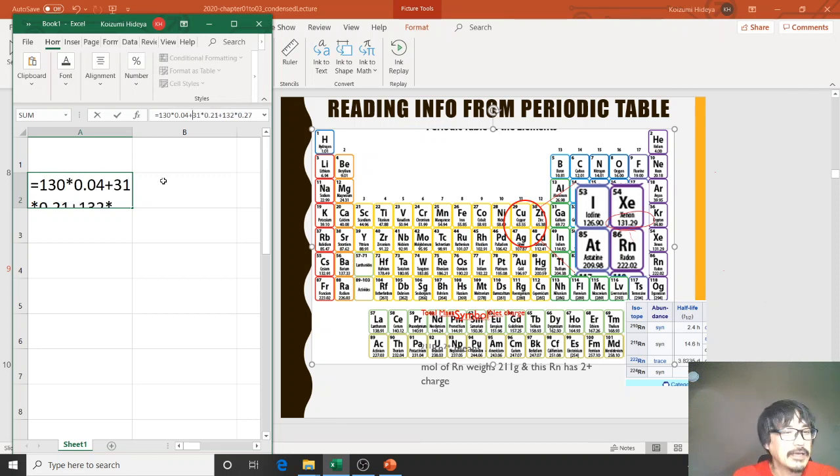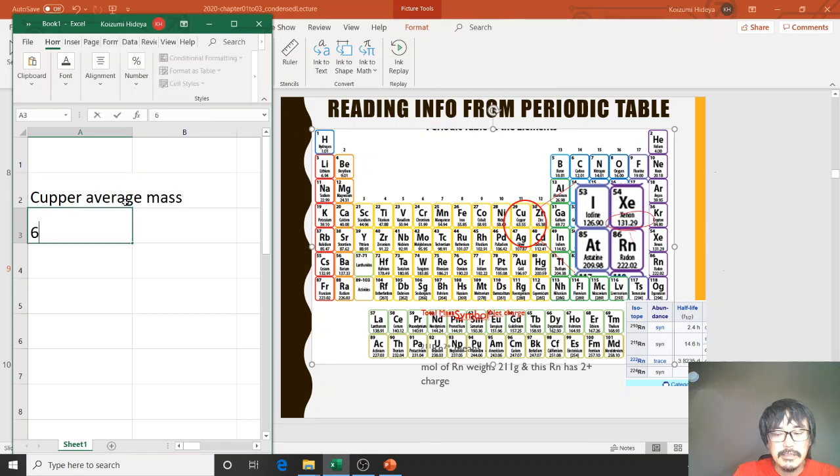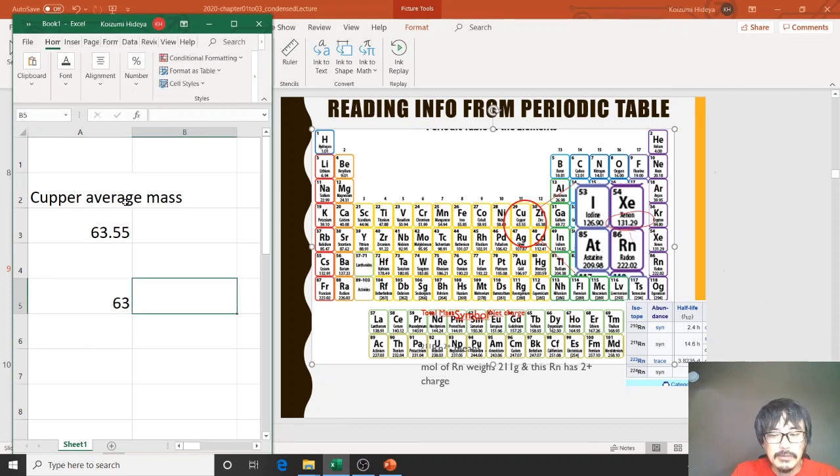So something that I know from when I was a student, I remember this copper stuff. Copper's average mass is 63.55. Now, copper has isotopes. Some of the copper weighs 63 grams, and some of the copper weighs 65 grams.